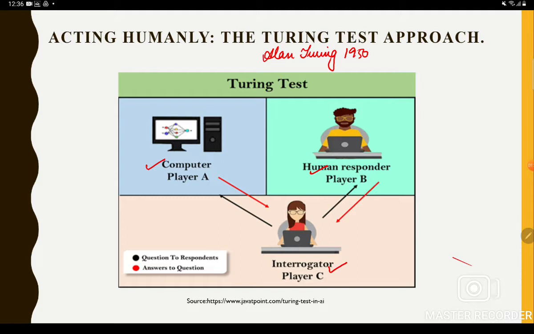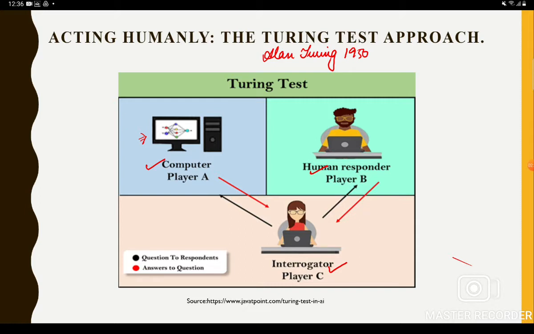We are testing whether this computer is equipped with AI or not. The computer will pass the test if a human interrogator, after posing some written questions, cannot tell whether the written responses come from a person or not.